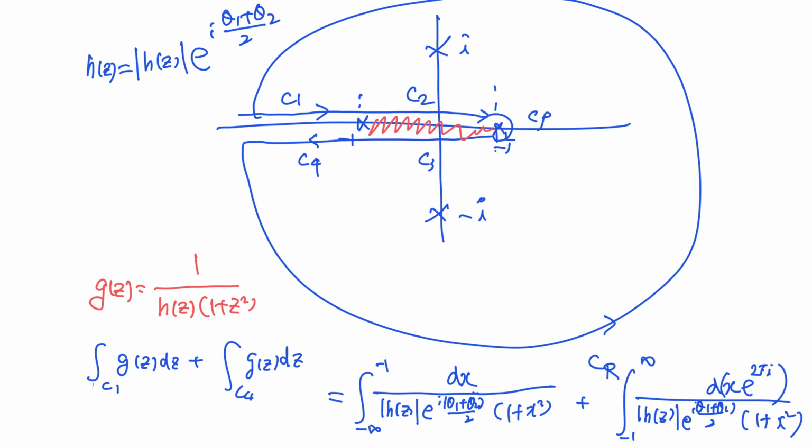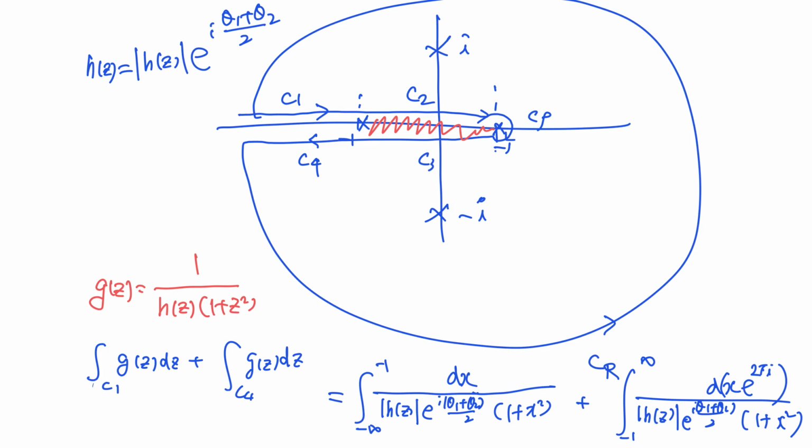So we actually have something like 2 pi i. But the exponential of 2 pi i is equal to 1, right? So it doesn't make any difference. And the absolute value of h(z) is the same as this: exponential i theta 1 plus theta 2 over 2, and 1 plus x squared. The beauty is theta 1 plus theta 2 is both pi and pi.